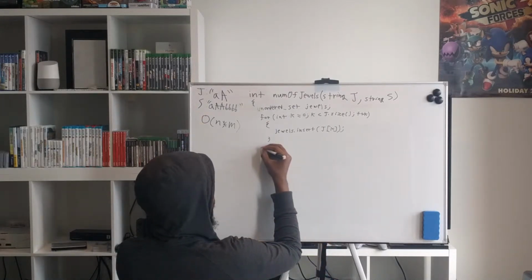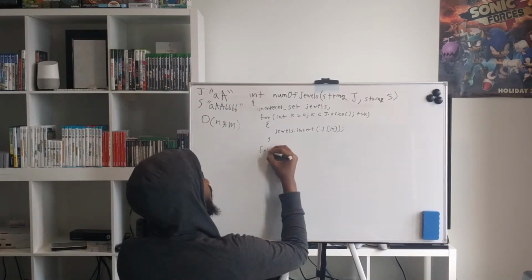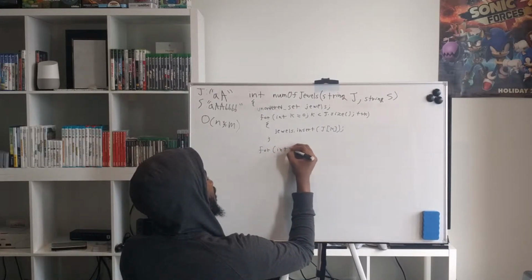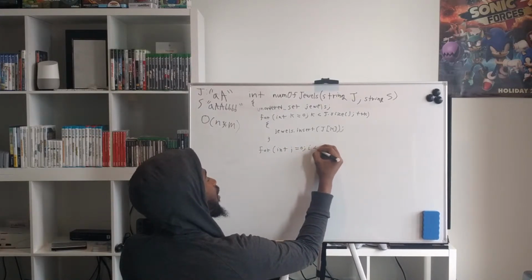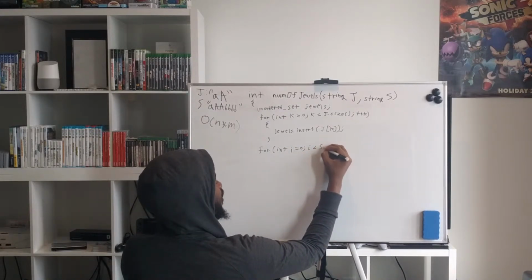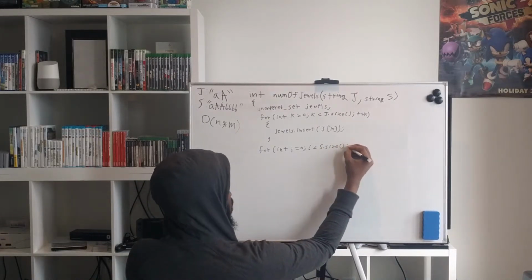Now you want to have another loop to iterate over your string of stones. So for int i equals 0, while i is less than the size of the string of stones, plus plus i.